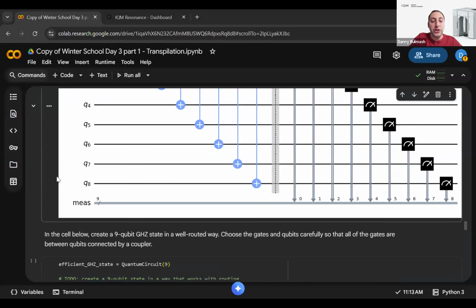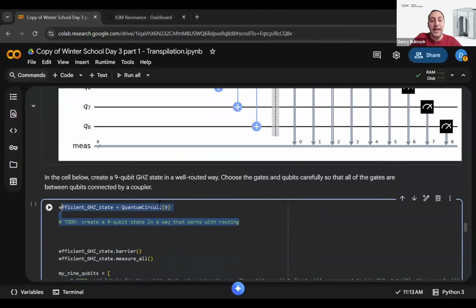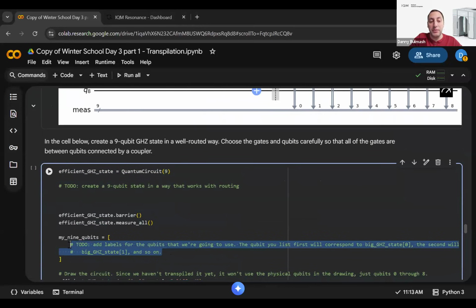And then you're going to try to construct a GHZ state in an efficient way that doesn't require swap gates. So you're going to choose your 9 qubits on the machine very carefully, and then choose the way that you apply the gates so that you don't have to do any swaps in the process. So that's the idea of the homework.